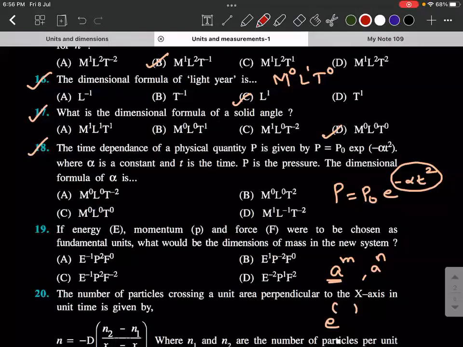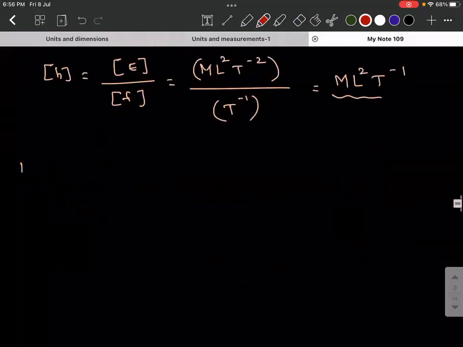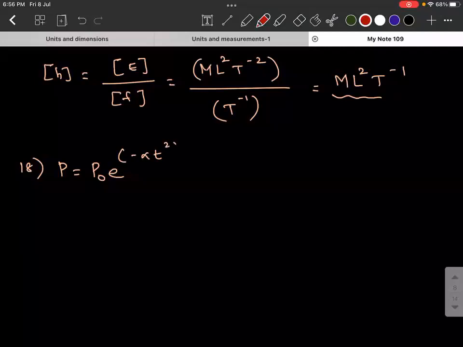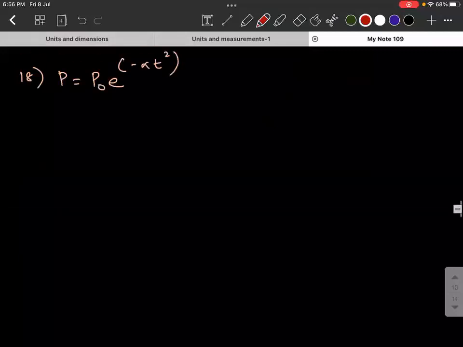I'll do this problem. I want you all to listen to it carefully. So 18th one, P is equal to P naught into e power minus alpha t square. Is that what they have given? E power minus alpha t square is there.